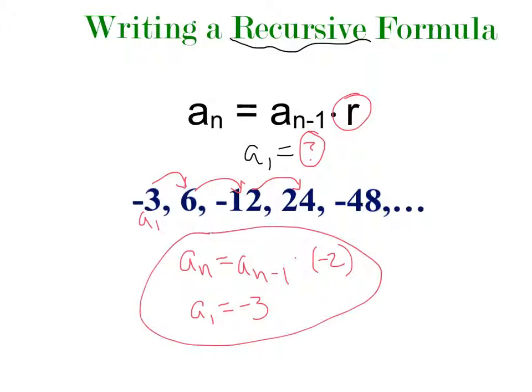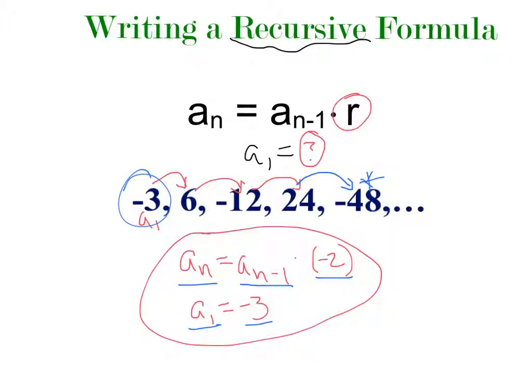This is the recursive formula. And remember what it says is that a term in the sequence is the previous term times negative 2. So for instance, the fifth term in the sequence is the fourth term times negative 2. And it also states that the first term is negative 3. So that's just an explanation of the pattern.